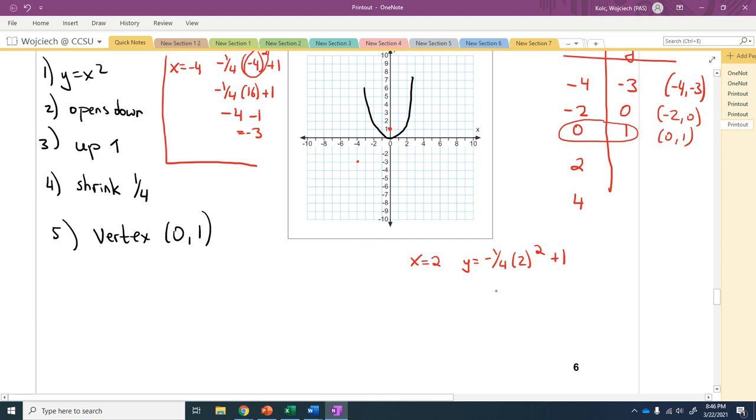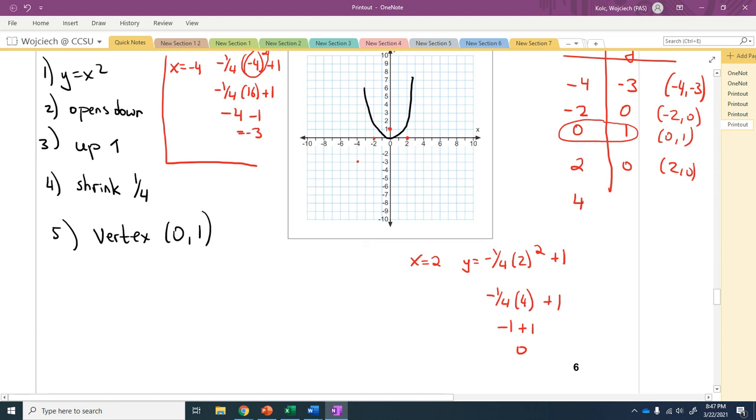So you do -1/4 times 4 plus 1. -1/4 times 4 is equal to -1 plus 1. And that's how you get 0. Okay, so let's plot this. 2, 0 would be here. I also had -2, 0.